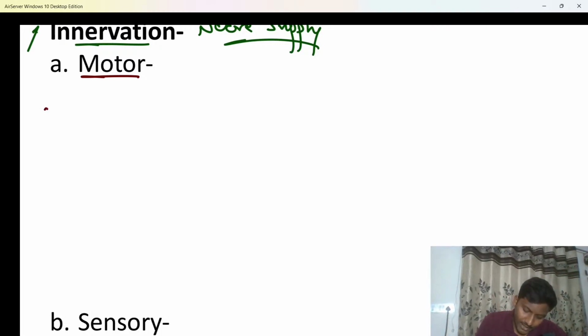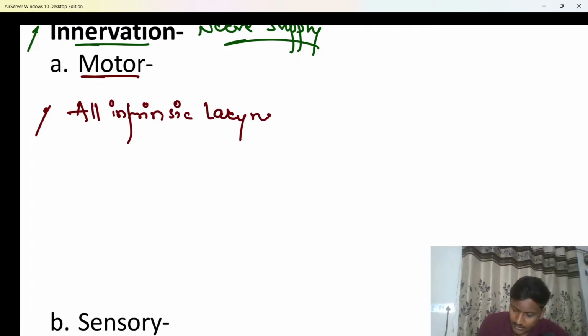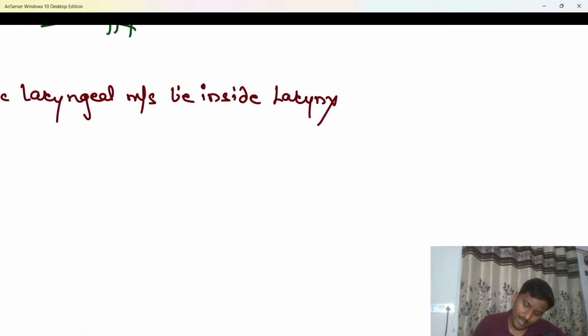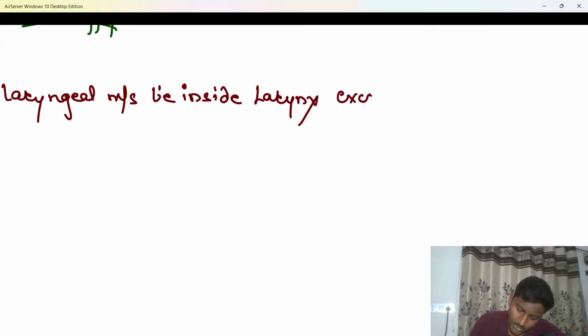One statement I have done already, and what was that? All intrinsic laryngeal muscles lie inside the larynx, except... we know the exception. What was that exception always?